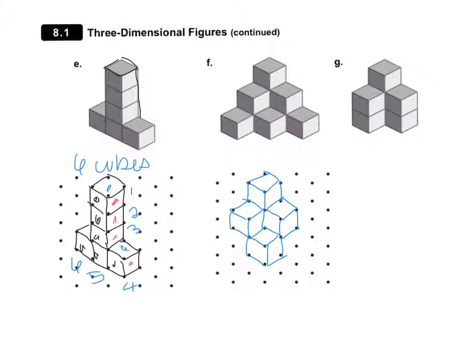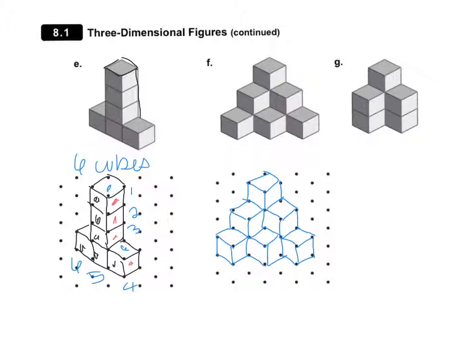And then we'll keep moving to the right and carefully draw the end cube on the right. And then the end cube on the left. So we have something that looks like what the book has.